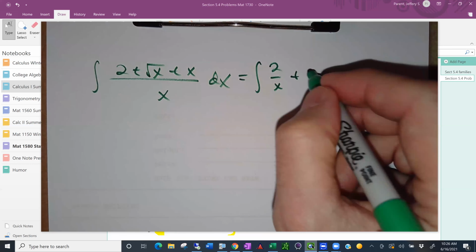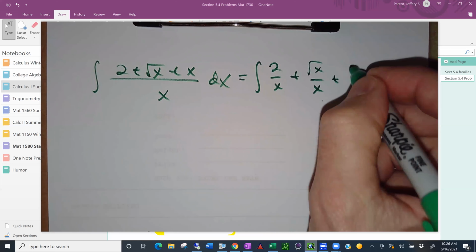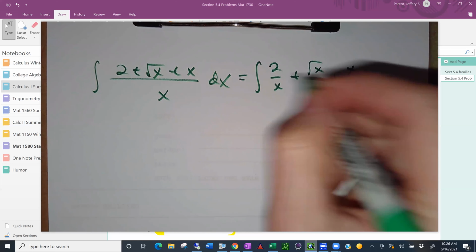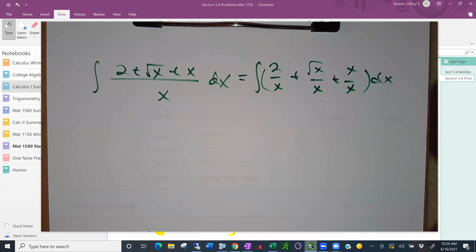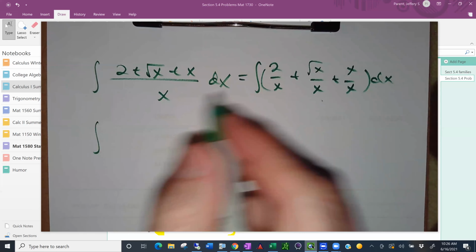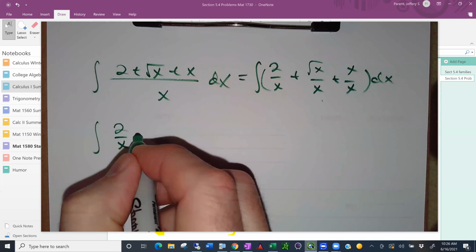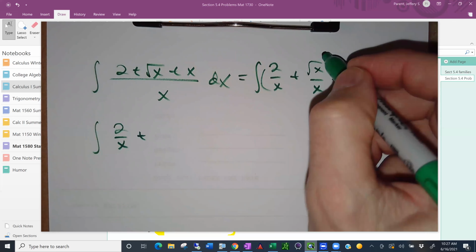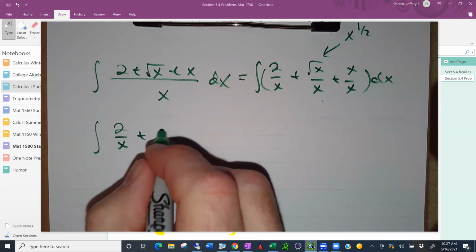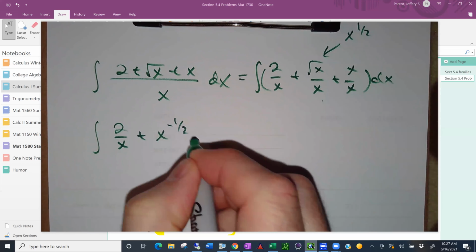So square root of x over x plus x over x dx. Now you're going to get some simplification here. I'm going to leave this as 2 over x, but this is going to simplify, keeping in mind that that's really x to the 1/2. That's going to simplify to x to the 1/2 minus 1, or negative 1/2.